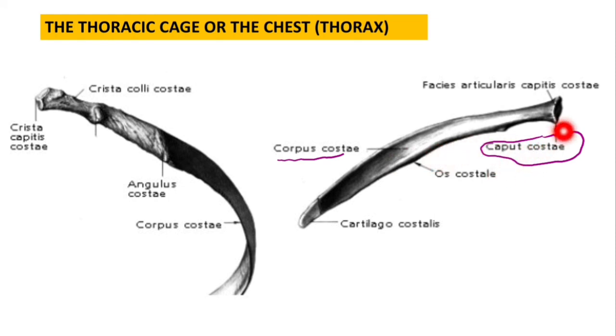You can see the caput costae and the articular surface, facies articularis capitis costae. You can see the body, corpus costae. And although it doesn't articulate with the sternum, the cartilage is still there, cartilago costalis.